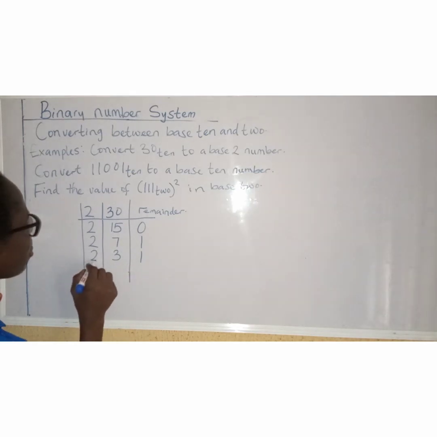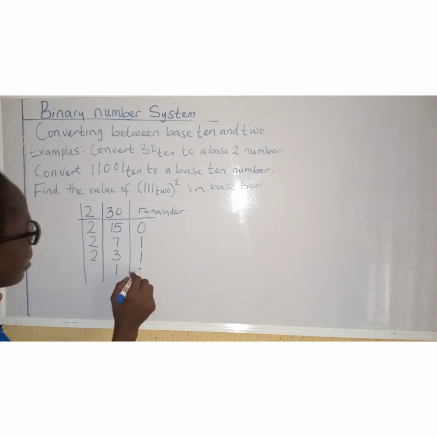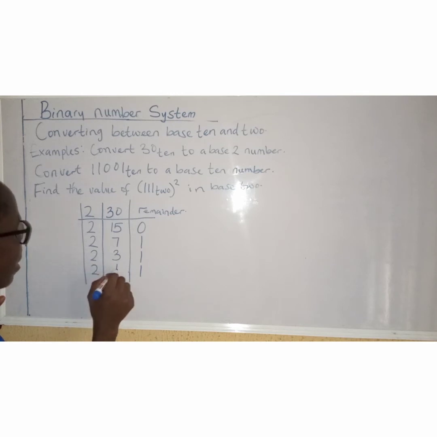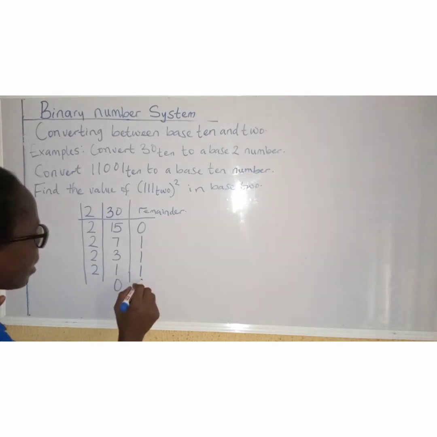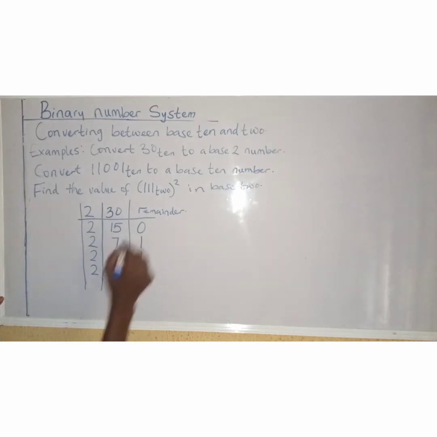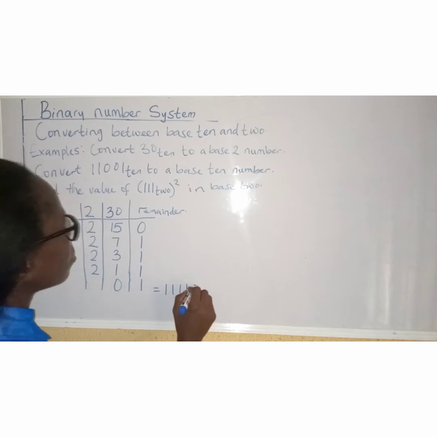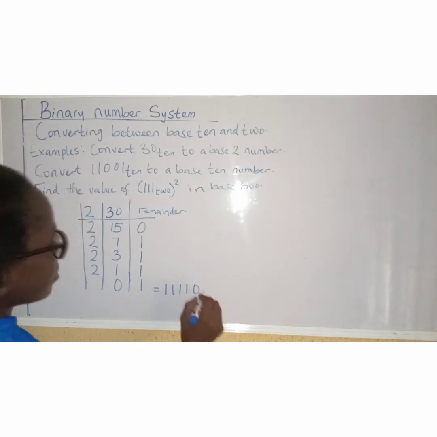Come here again. 3 divided by 2 is 1. Remainder 1. Then the next thing is 1 divided by 2 is 0, remainder 1. Final answer. Once you have it this way, this is going to be the answer now. 11110 to what? Base 2.